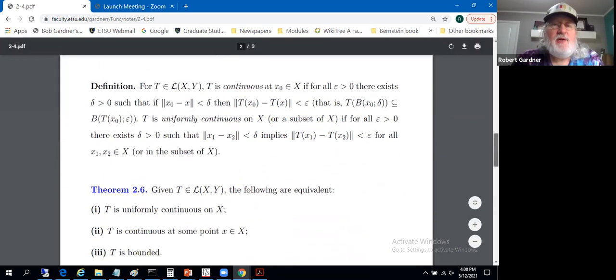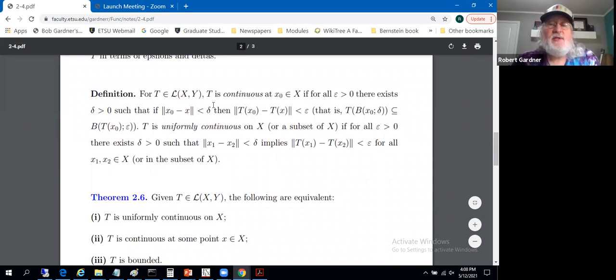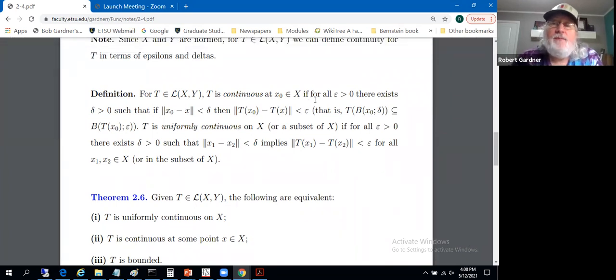So for T, a linear operator from space X to space Y, T is said to be continuous at x sub 0 in normed linear space X if for all epsilon greater than 0, there exists delta greater than 0 such that, okay, that's very calculus 1-ish. And the rest of it's pretty much calculus 1-ish as well. If the norm of x sub 0 minus x is less than delta, then that implies the norm of T of x sub 0 minus T of x is less than epsilon.